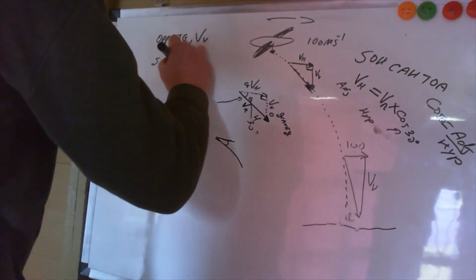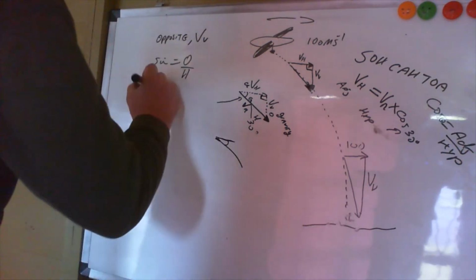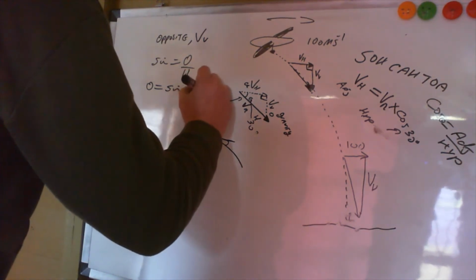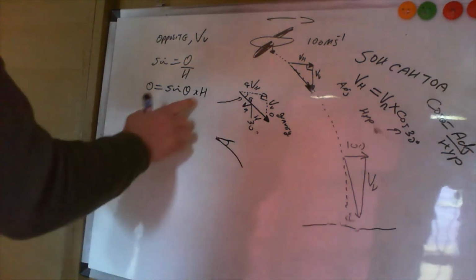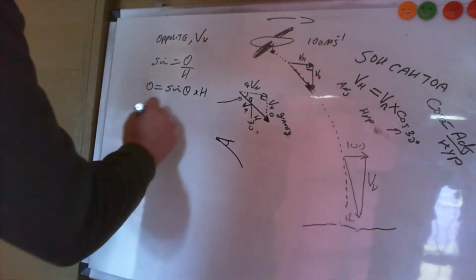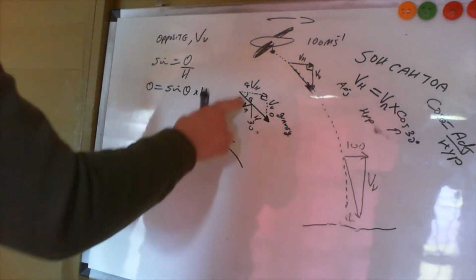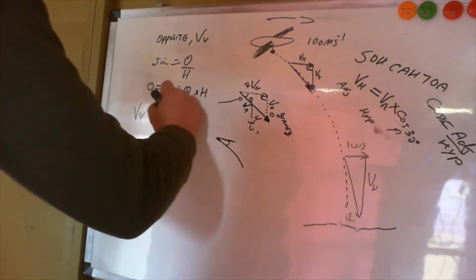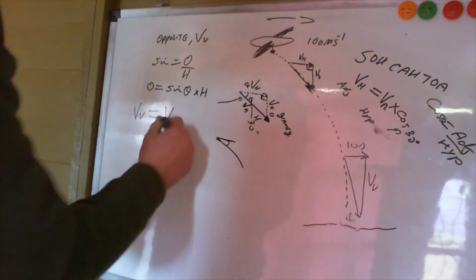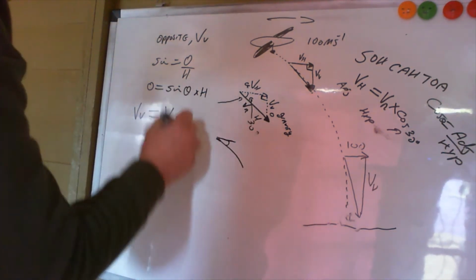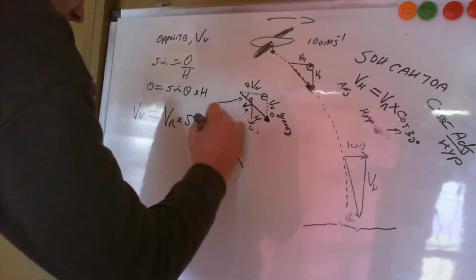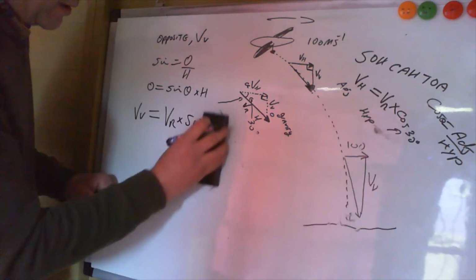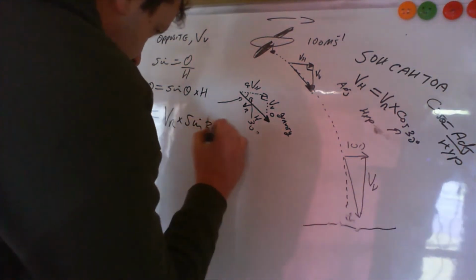The sine equals the opposite over the hypotenuse, so the opposite equals the sine of theta times the hypotenuse. The opposite is going to be your vertical velocity, and that is going to equal the resultant velocity, which is your hypotenuse, times the sine of theta, or in this case 30 degrees.